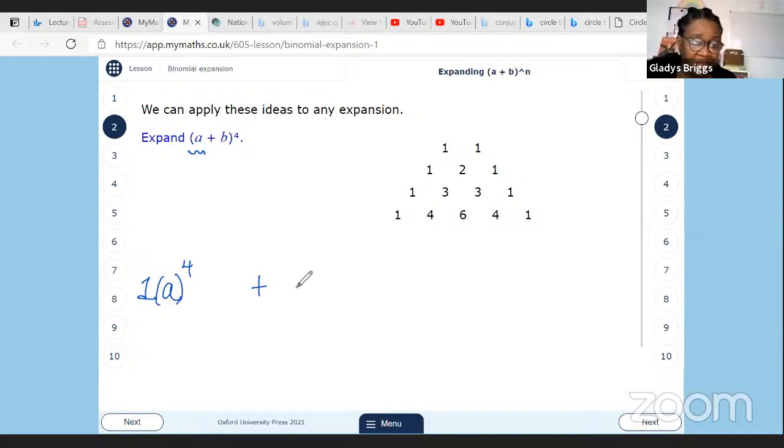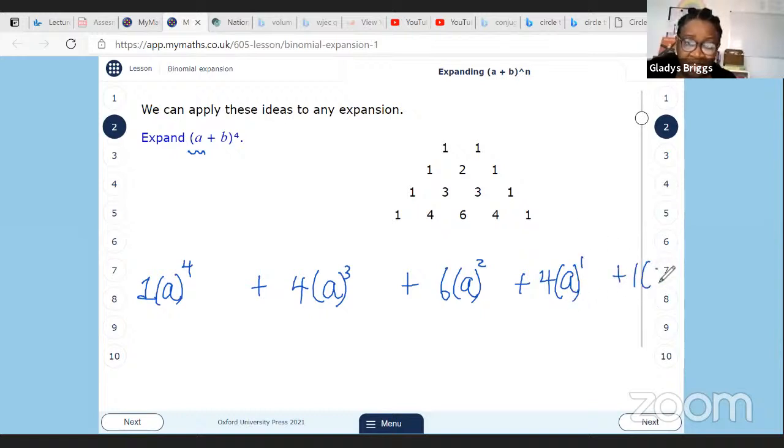Plus 4 times a to the power of 3, plus 6 times a to the power of 2, plus 4 times a to the power of 1, plus 1 times a to the power of 0. Do you understand that part?